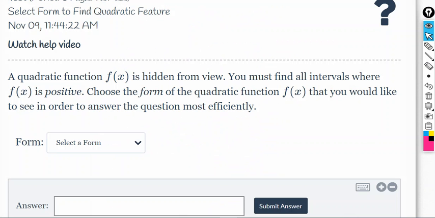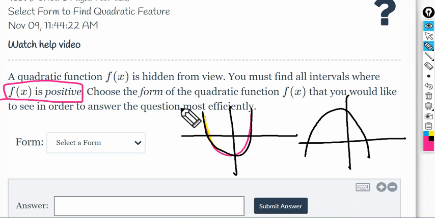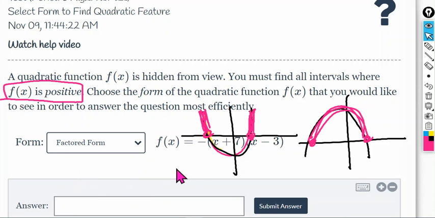Okay, so I want to know where the function is positive. If I draw a concave up, there's only 2 ways for this thing to look. Concave up or concave down. Axes, axes. Where is f of x positive? Here or here? That means I need to know where the roots are in order to divide the graph up correctly.